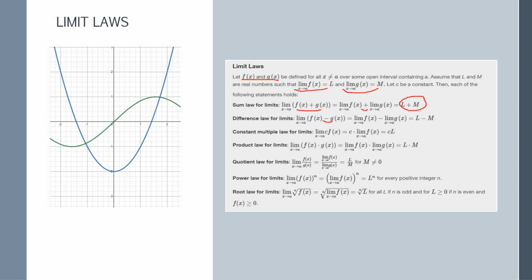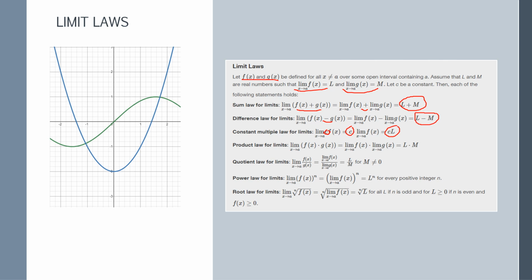So this is basically saying that we can distribute limit through the difference of two functions, and it is equal to the difference of the limits. Okay, constant multiple law for limits. This one is saying that if you have c times the function, you can pull this constant up front, and then the result will be just c times L.